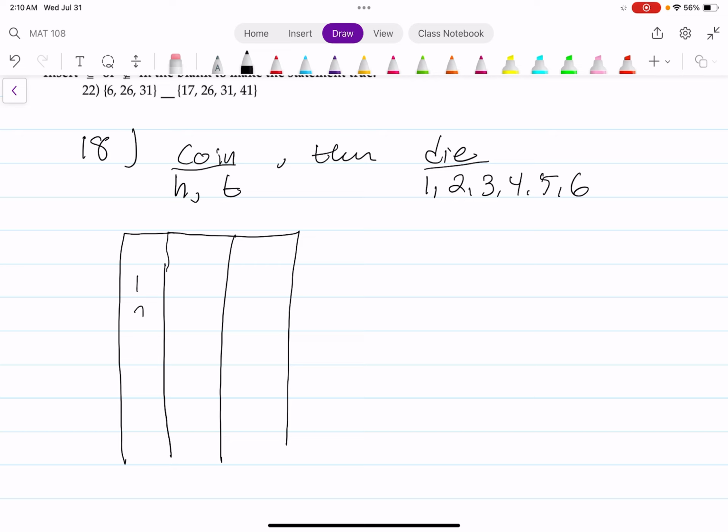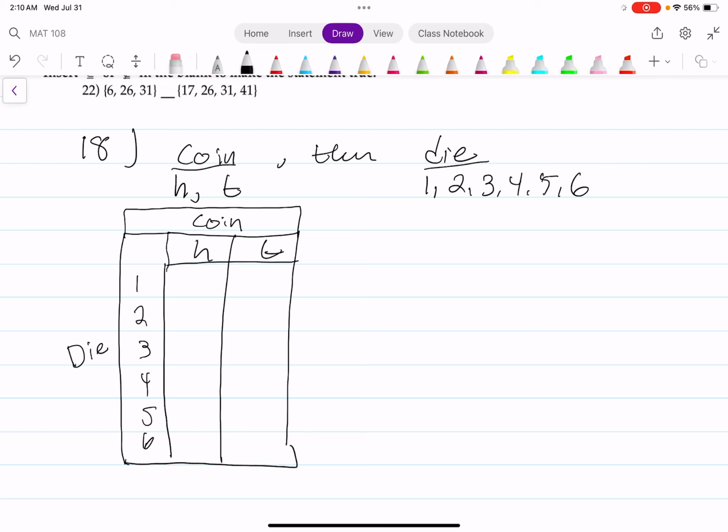Let's call this 1, 2, 3, 4, 5, 6. This will be my die. And this up here is going to be my coin toss, so it's going to be my coin. And my options for my coin are heads and tails.